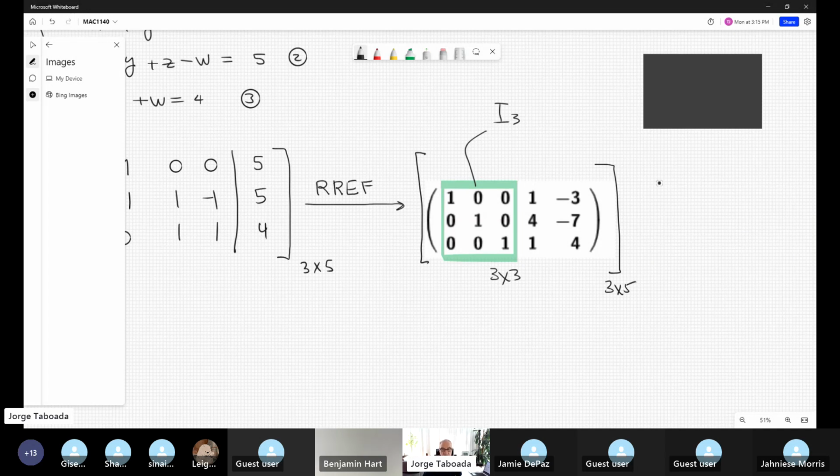And we have the famous extra block that represents the free variable. In this case, it's only 1. Remember, this number is the right-hand side number after the transformation. Original was 554, but now it's negative 37 after a lot of transformation. So this is X, this is Y, this is Z, but this is W. So now my free variable is W.